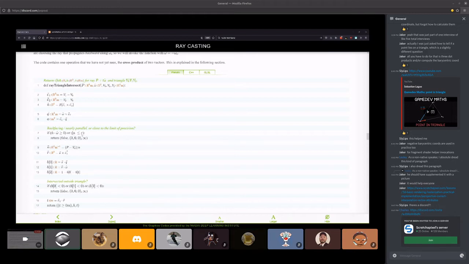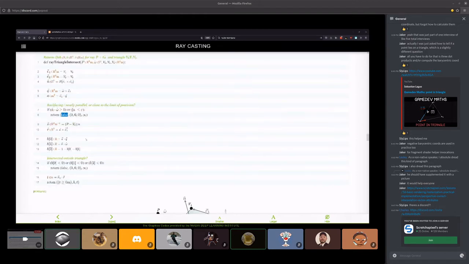So we have to test against a very small value rather than equal to 0, because a nearly parallel ray will be nearly parallel but not actually parallel. The way floating point math works means we have to do a less than epsilon, where epsilon is like 0.001 or some very small number. In either case, it's not an intersection, so we return nothing, or we return false.